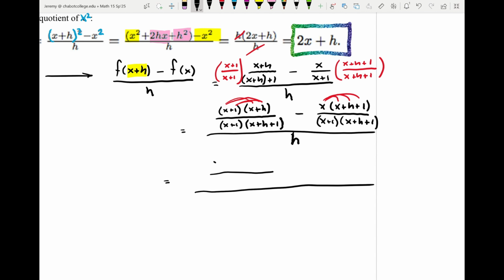So over here, I'll get x squared plus xh plus x plus h. And over here, I'll distribute the x, and I'll get x squared plus xh plus x over those same couple factors there.